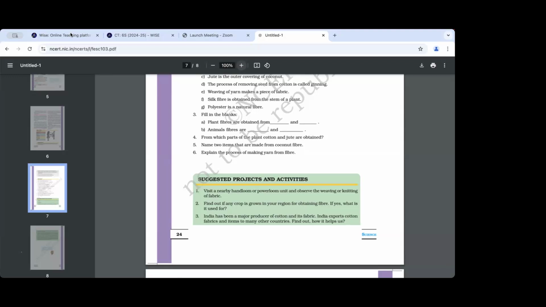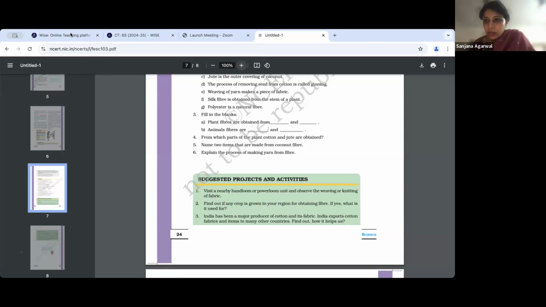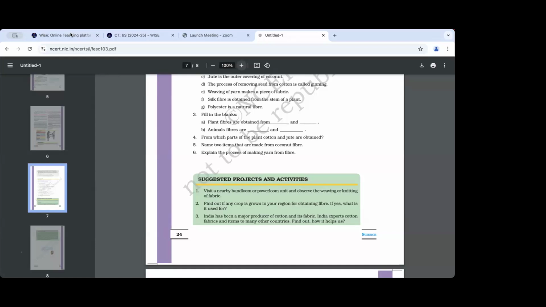Ma'am, weft and warp are like the vertical and horizontal bunch of yarns. Like suppose we are making some shirt, okay? The yarns placed lengthwise are called warp, and the ones placed widthwise or perpendicular to the previous one are known as weft.